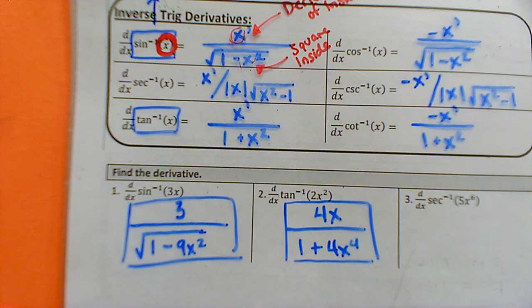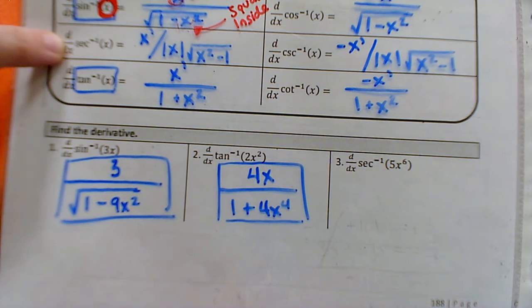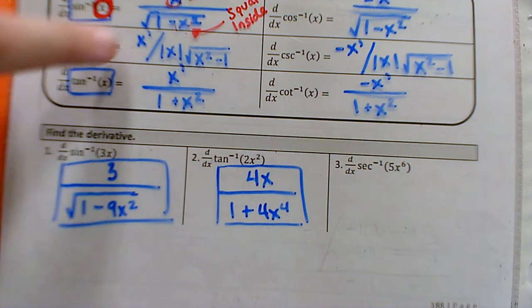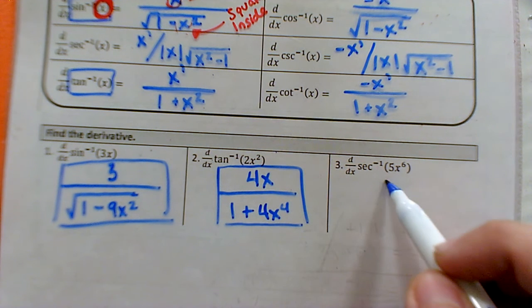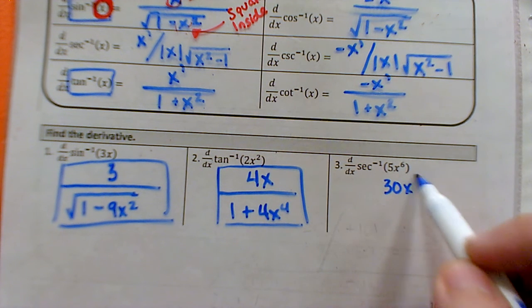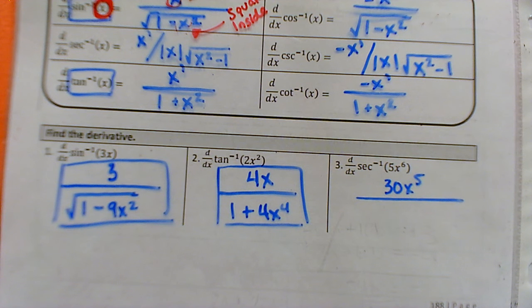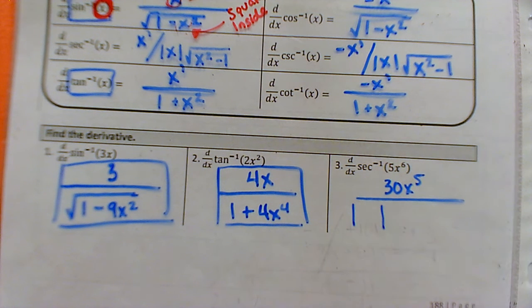All right, let's go ahead and try the last one. Okay, secant inverse. So this is the kind of crazy one in the middle with the absolute value. We need, first of all, the derivative of the inside. That's our numerator. So it looks like we would have 30x to the fifth. In the denominator, we need the absolute value of x.